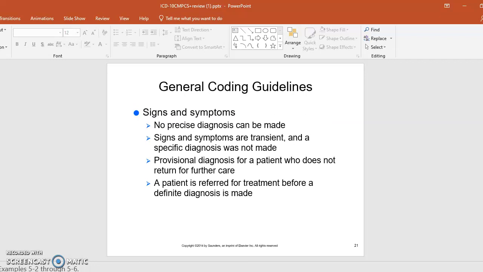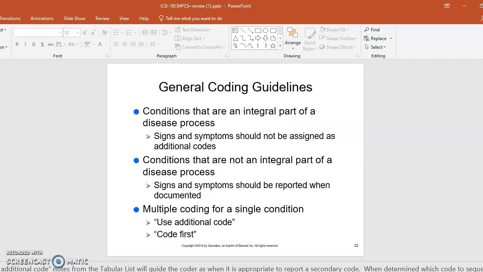Signs and symptoms. Everybody remembers signs and symptoms. If I have a sign or symptom, so let's say I have a sore throat and they end up diagnosing me with strep throat, all I am going to do is code for the strep throat. So again, make sure you go through the guidelines for inpatient versus outpatient.